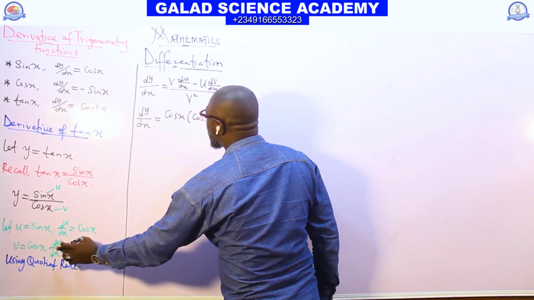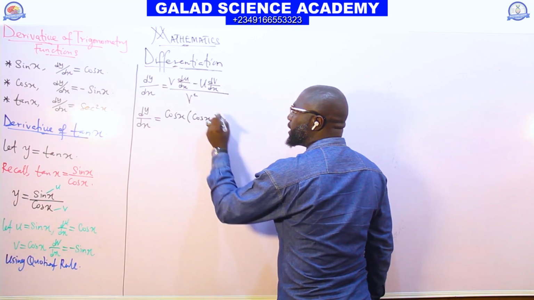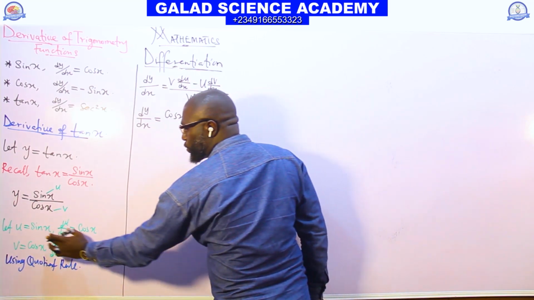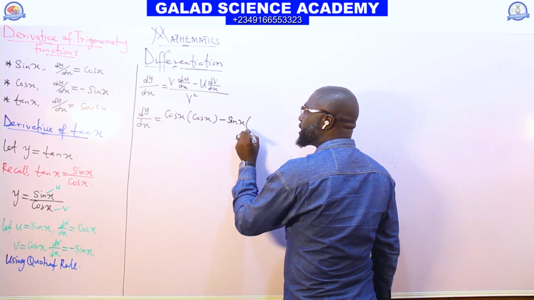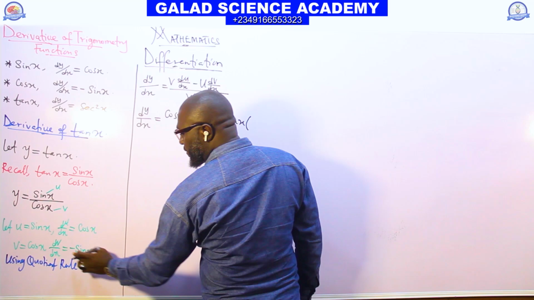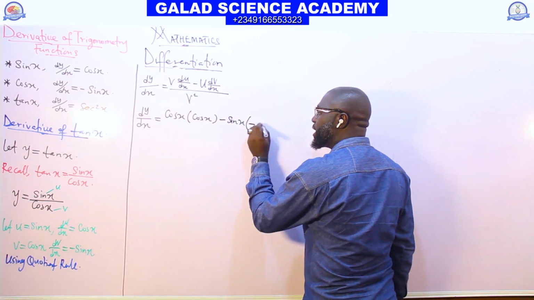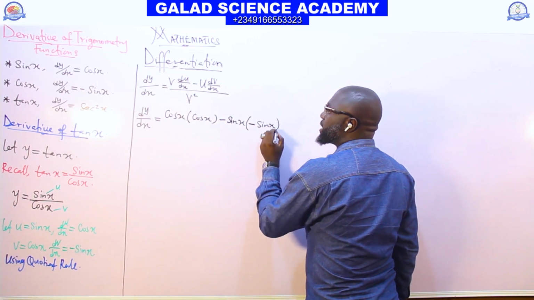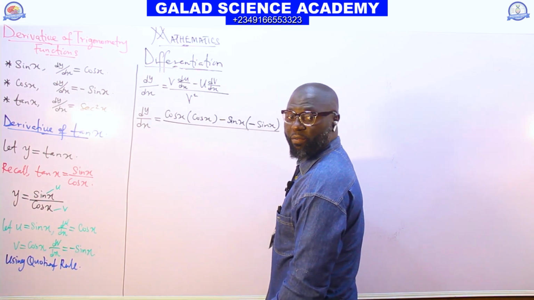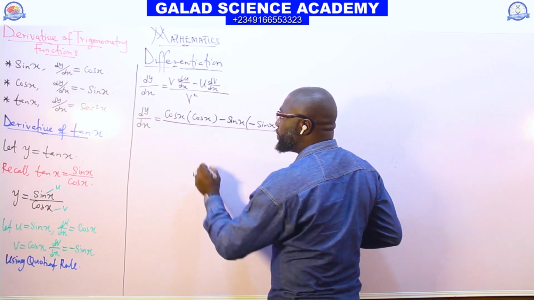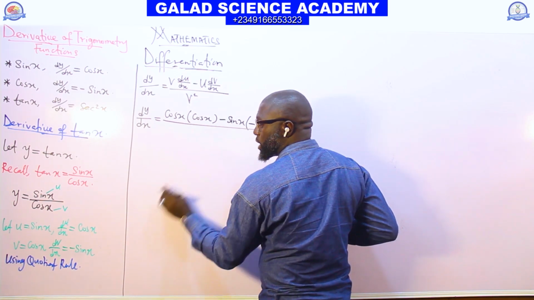Then minus u, which is sine x, times dv/dx, which is minus sine x again. Everything over v squared. What is my v squared? The v squared is cos squared x.